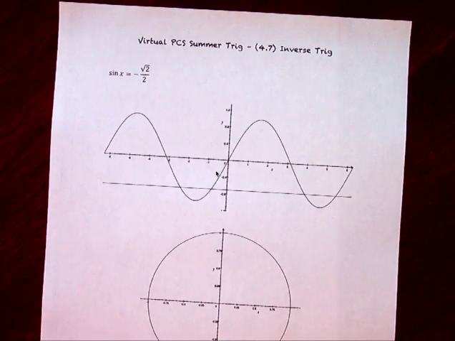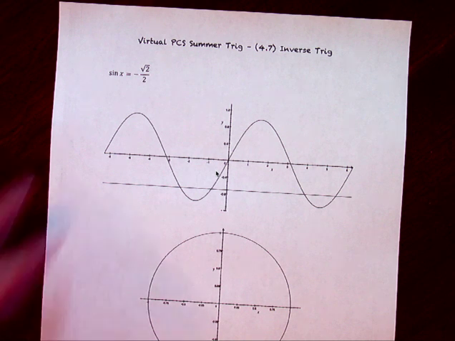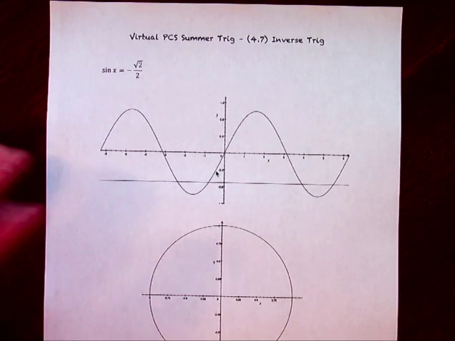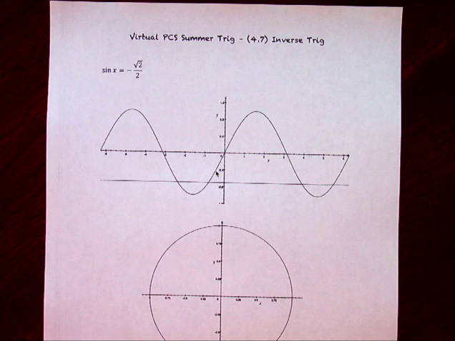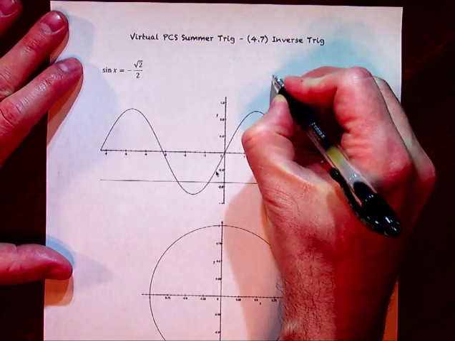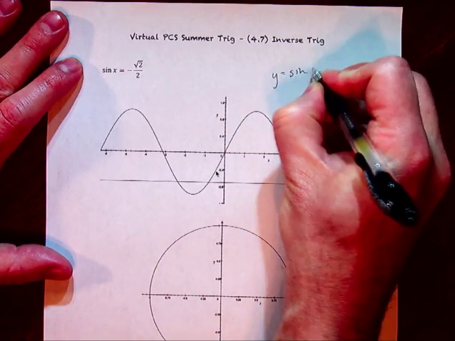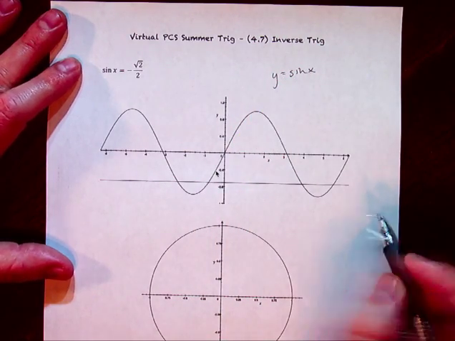Let's say we're given sine x is equal to negative root 2 over 2. Basically it's saying, for what angle measurement does sine have a ratio of negative root 2 over 2? If you think about it in terms of the graph, y is equal to sine x, where do you have an output of negative root 2 over 2?